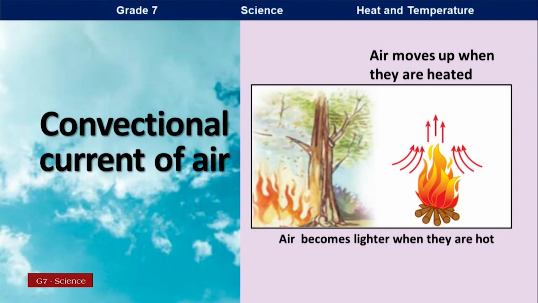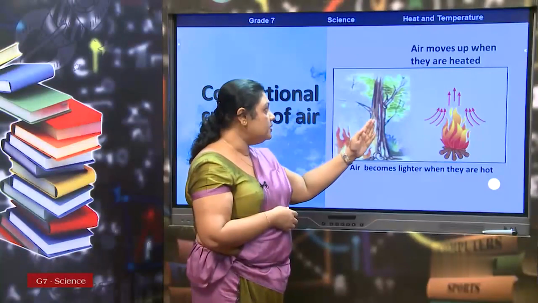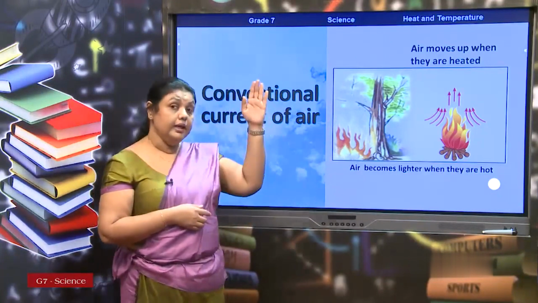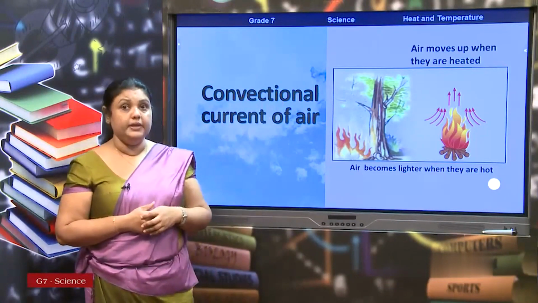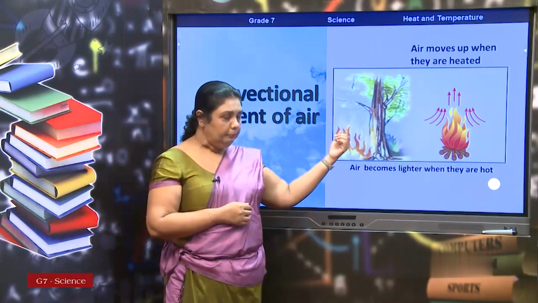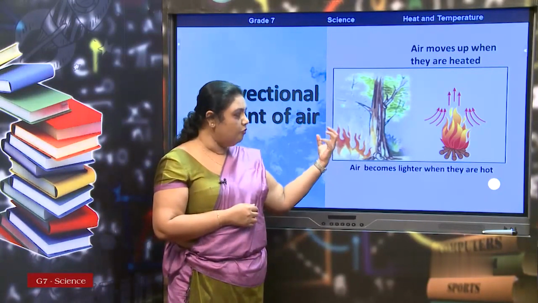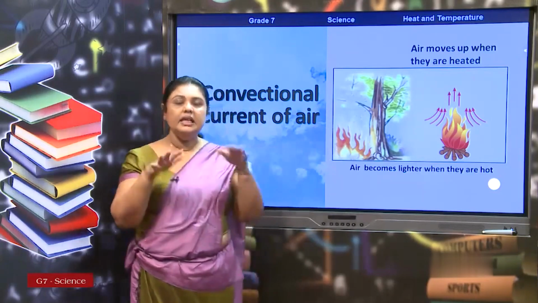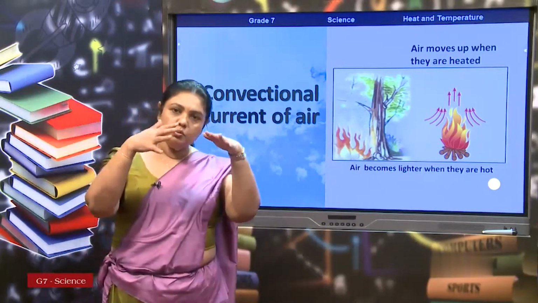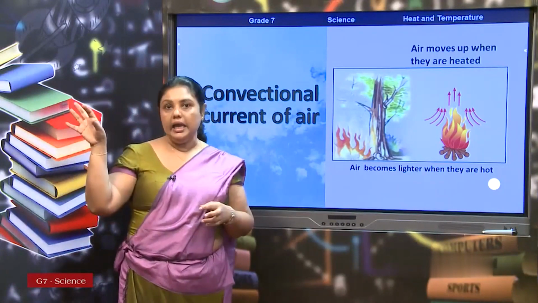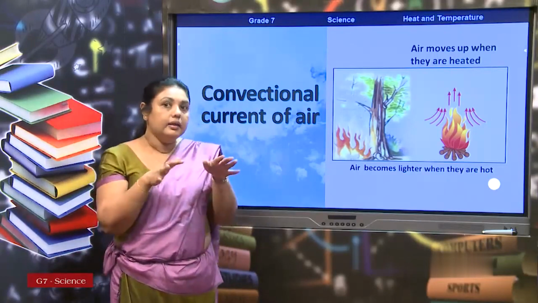You can have some fire under a tree, and there you can observe the tree with the fire and the other trees as well. How? The tree which was there with the fire, when the fire was there, you can see leaves are moving or shaking. But if you observe the other trees, leaves are still.